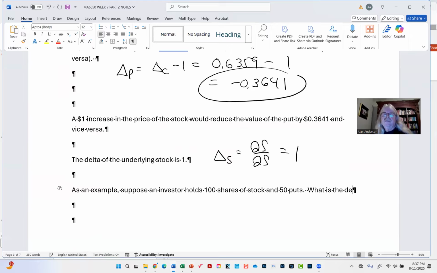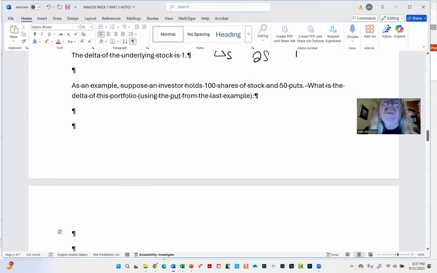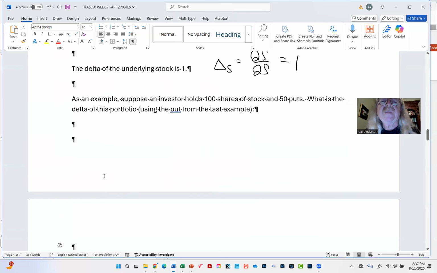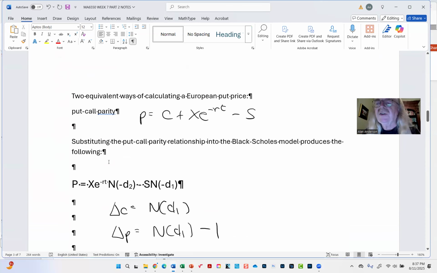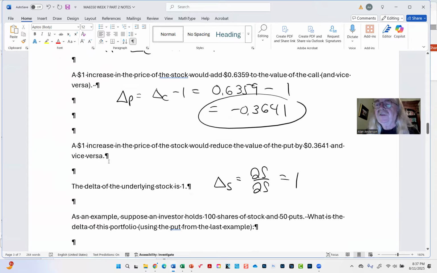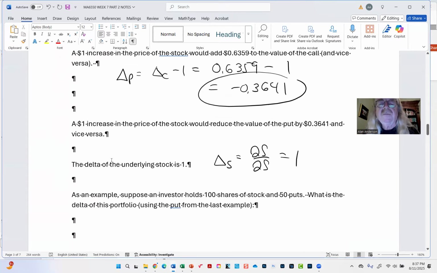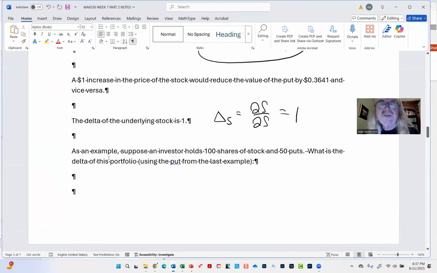What is the delta of this portfolio? That was the same put we just had up here. We have 100 shares of this stock that was mentioned in that problem, selling for $52, etc. But we also bought 50 puts to protect our position.